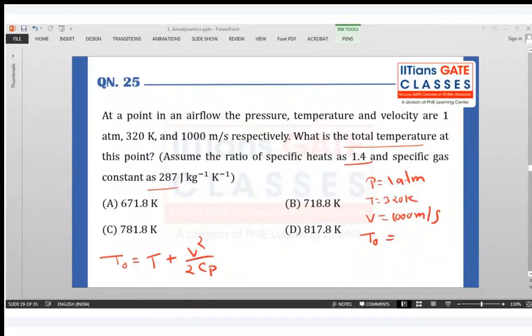Here, sir, we have to calculate the Cp also, and for that we should know the formula of Cp. I will suggest that since it is air, you directly take the value of Cp as 1005. Okay, sir. Since here the gamma is 1.4 and R is 287, it is pretty much going to remain the same.